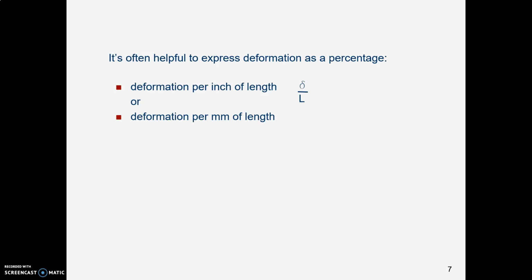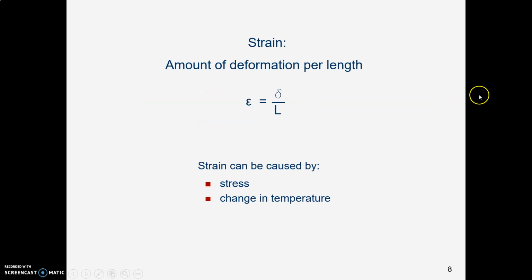Well, that's great, but oftentimes we like to express those as a percentage. So just how stretchy is this sheet of rubber anyway? A real stretchy sheet of rubber would have a different ratio between deformation and length than would a sheet of rubber that's not very stretchy. So we call that proportion strain.